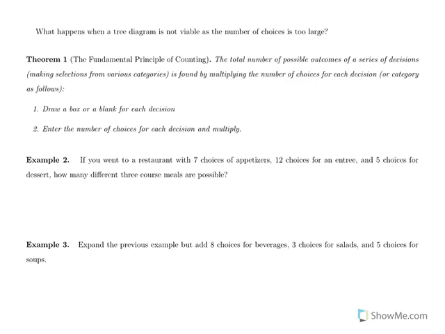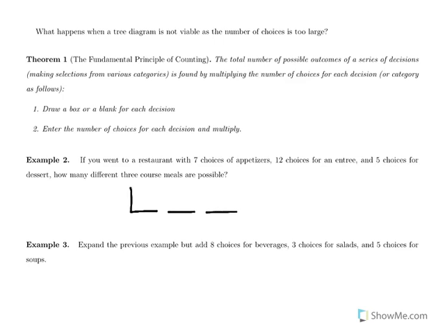So let's look at an example of this. Our first example from the first page: if you went to a restaurant with 7 choices of appetizer, 12 choices for an entree, and 5 choices for dessert, how many different 3-course meals are possible? So first thing, we're going to draw a box or a blank for each decision. So we have our choice for appetizer, our choice for entree, and our choice for dessert.